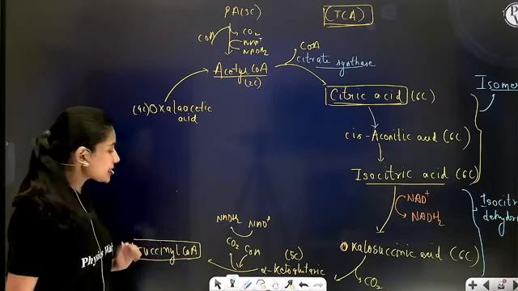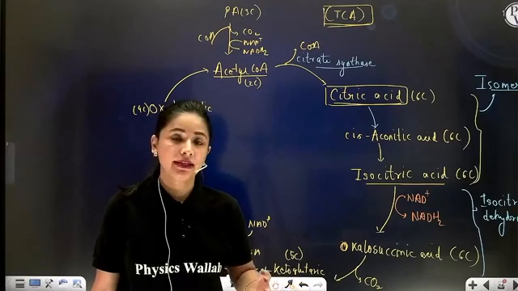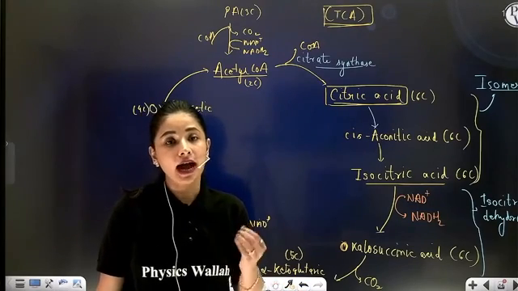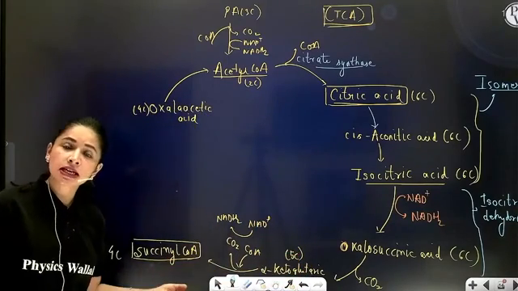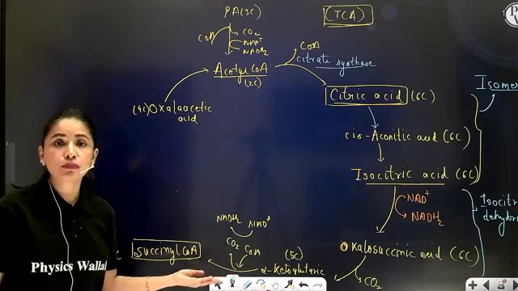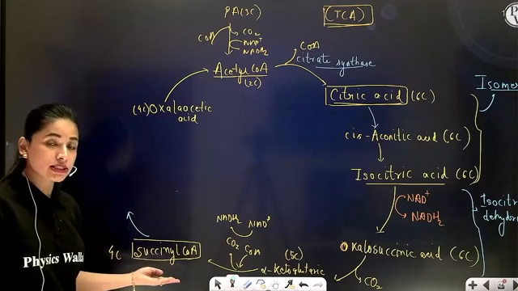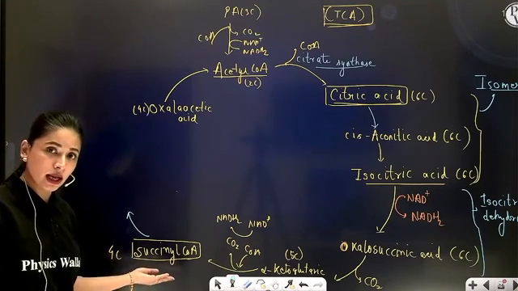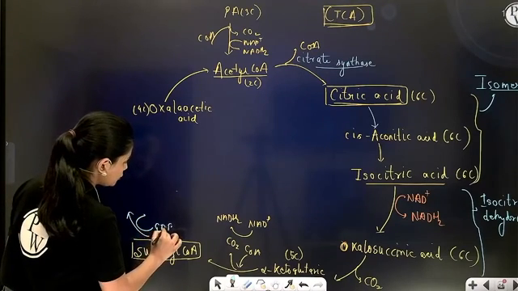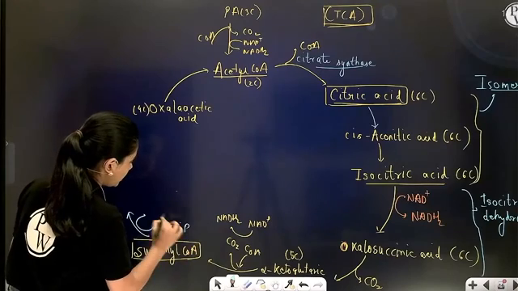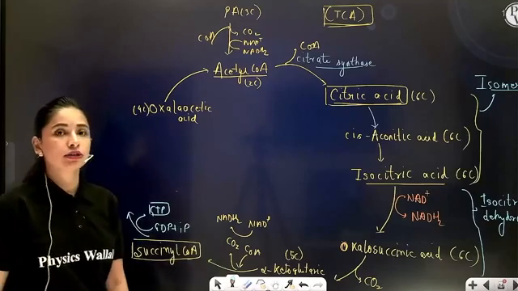Fine. Now this succinyl coenzyme A, my dear students, is a high energy intermediate. It is having a number of phosphate groups attached to it. So one of the phosphate groups, the terminal phosphate group from succinyl coenzyme A, will now be removed. So what will be the next step? Removal of one of the terminal phosphates of succinyl coenzyme A, which will be accepted by GDP. GDP will accept the phosphate and will produce another energy molecule called GTP.